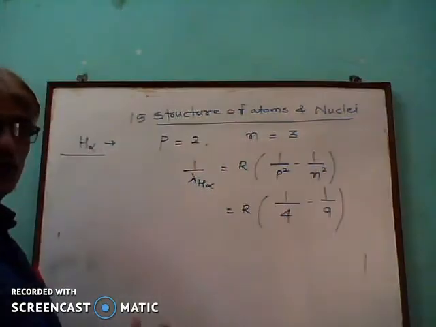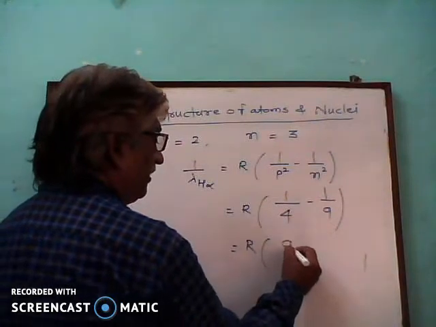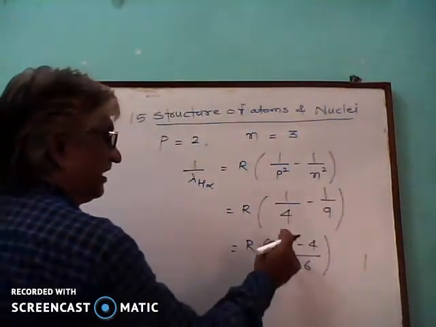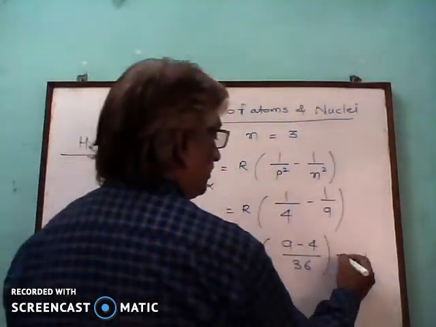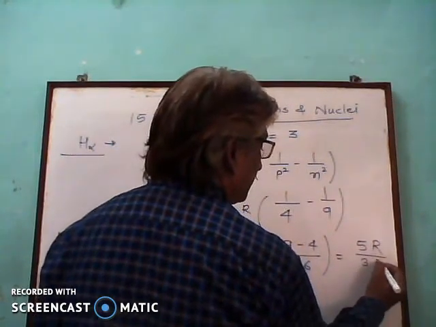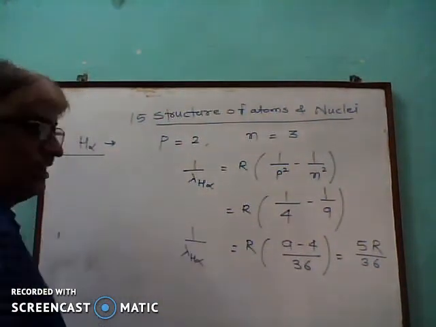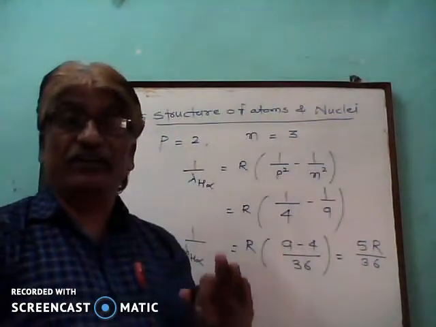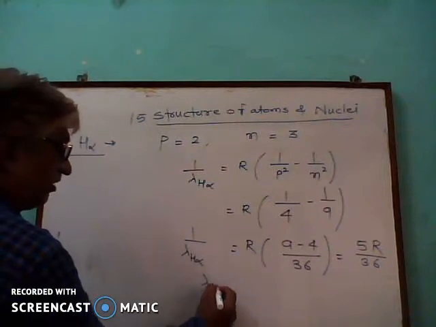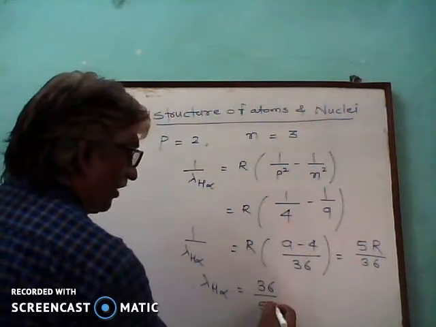If we take cross multiplication, it becomes capital R in bracket 9 minus 4 upon 9 into 4, that is 36. 9 minus 4 remains 5R upon 36. This is the value for 1 upon lambda H alpha. But we want to find the wavelength of H alpha. Therefore, the wavelength of the H alpha line is equal to 36 upon 5R.